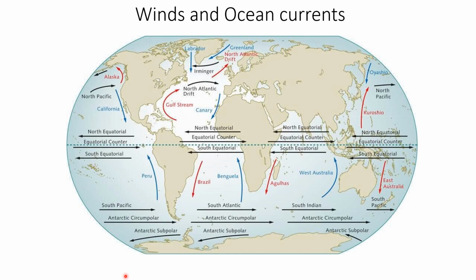For example, the warm North Atlantic drift raises the winter temperature of northwestern part of Europe, especially that of the British Isles and Norway.